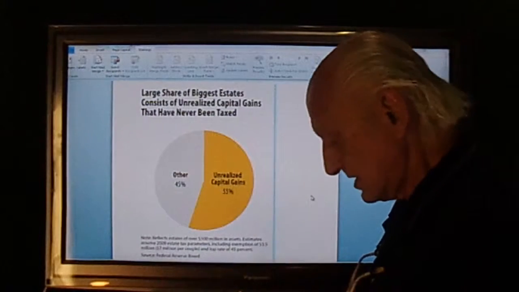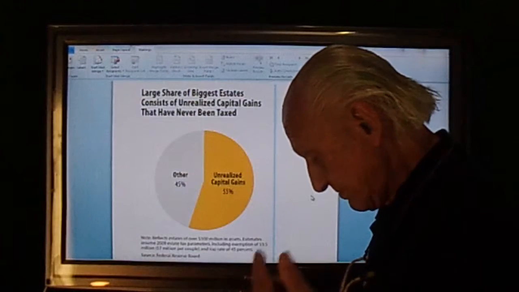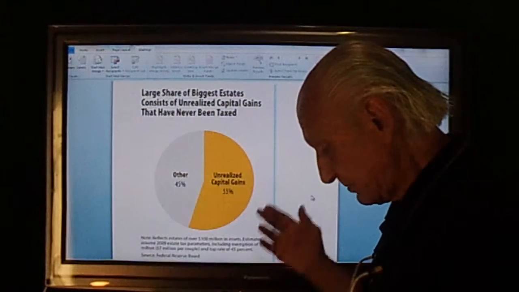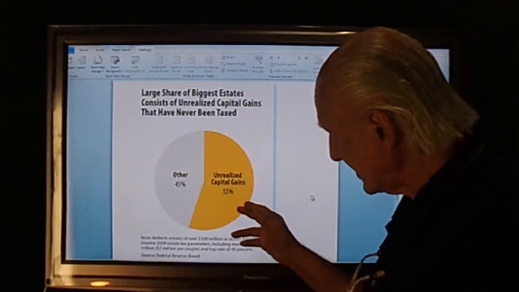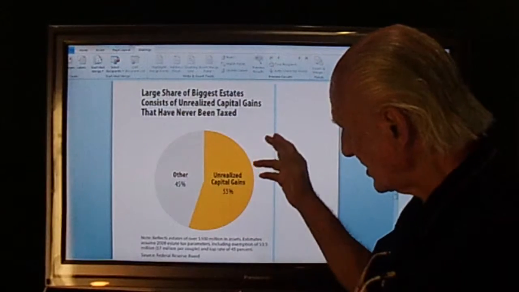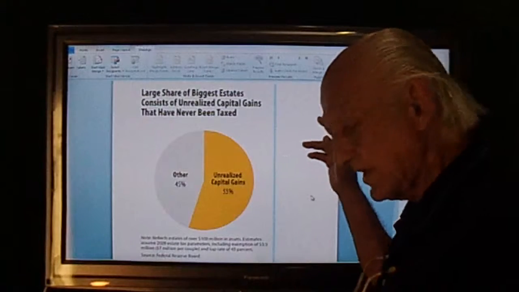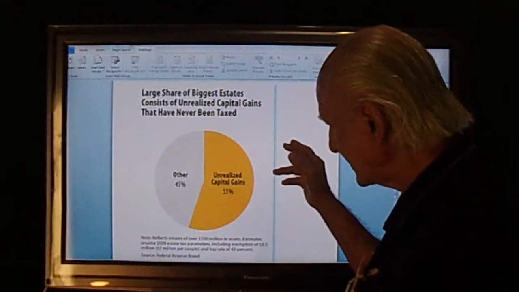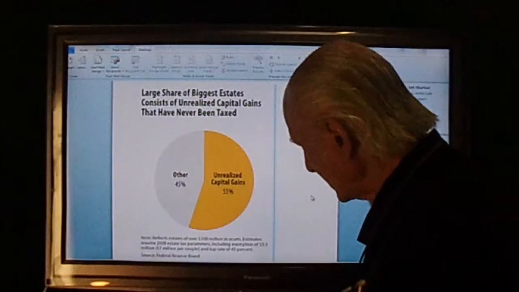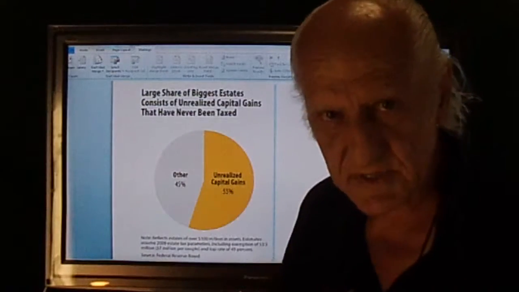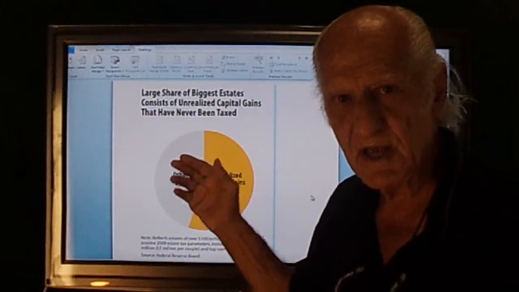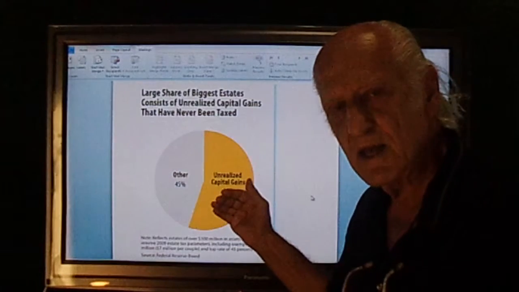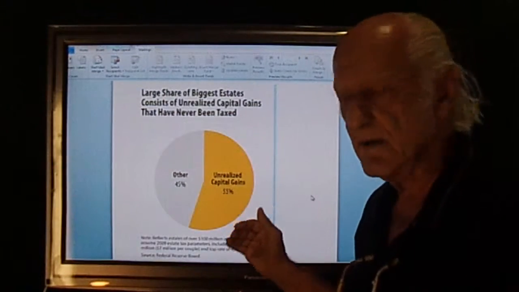So there's something else bad about this repeal. These entire estates can be transferred to heirs or recipients, creating an American aristocracy that lives on inherited tax-free income.